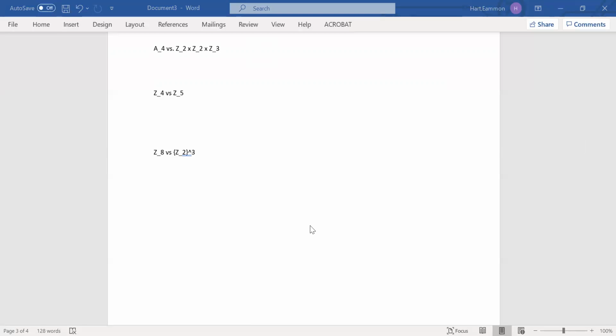Yeah. So Z8, this guy is cyclic, so it has 1 generator. This guy has 3 generators.